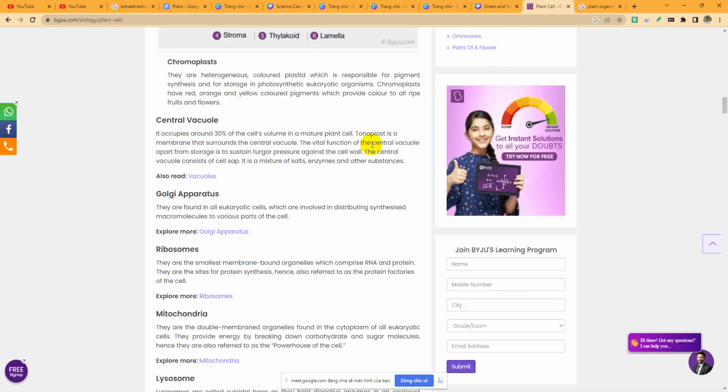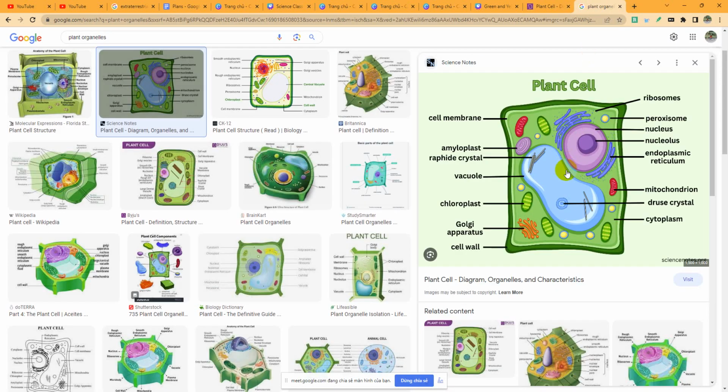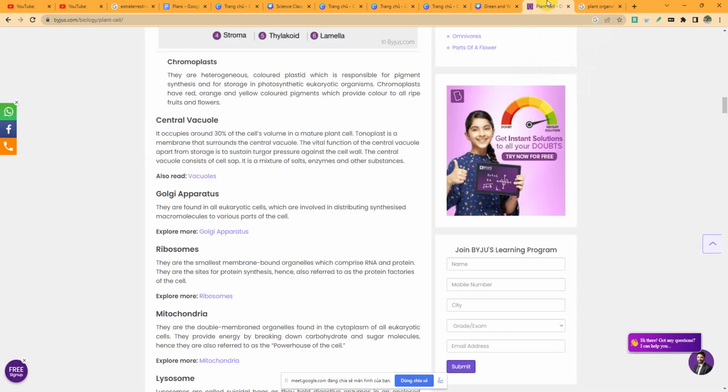As the information provides, it accounts for approximately 30% of a mature plant cell. Mature means a plant cell that has already reached its maximum growth, like it's reached adulthood and is not in the infant stage anymore.